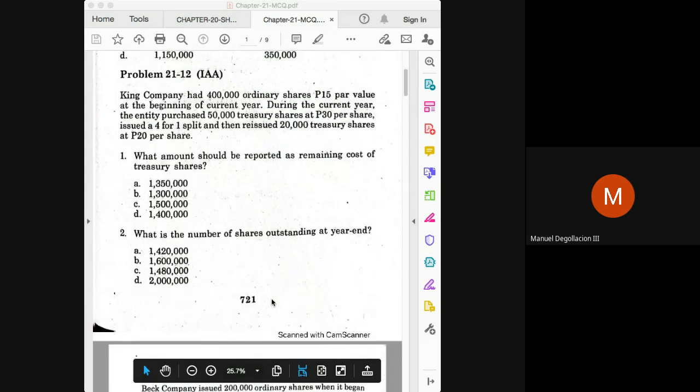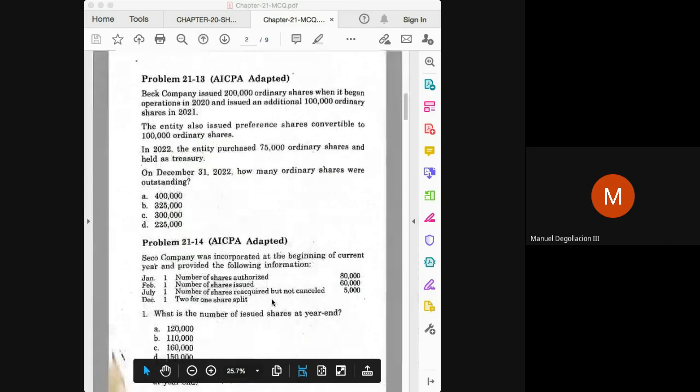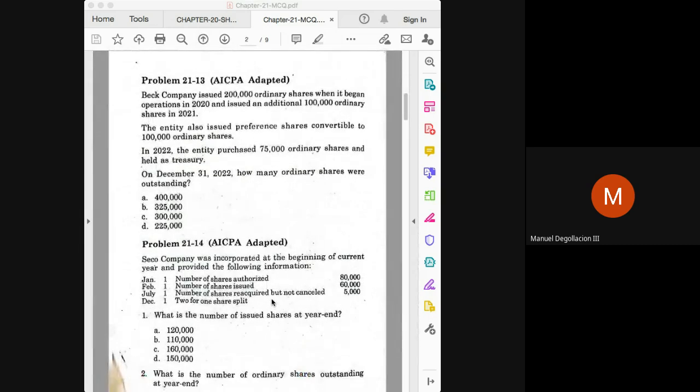Okay, let's proceed to problem 21-13. The question here is how many ordinary shares were outstanding? Okay, Bear Company issued 200,000 ordinary shares when it began operations in 2020 and issued an additional 100,000 ordinary shares in 2021. So from this paragraph alone, we should have 300,000 ordinary shares.